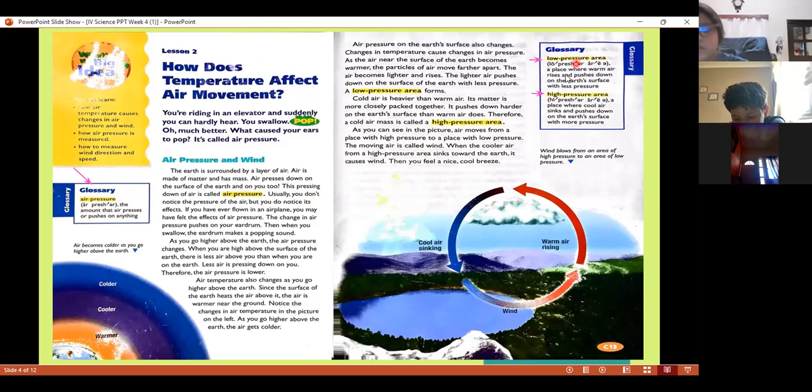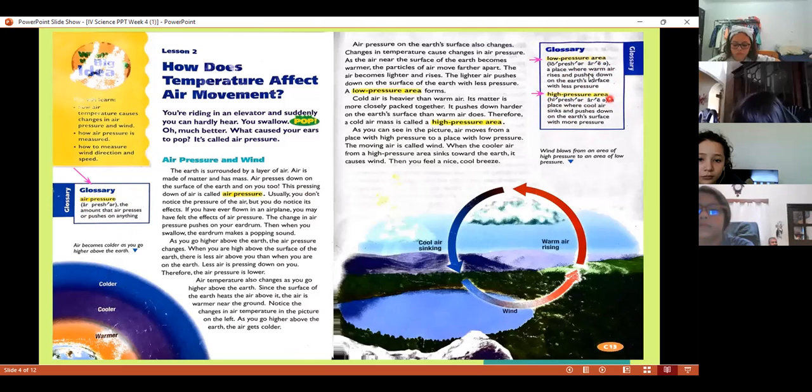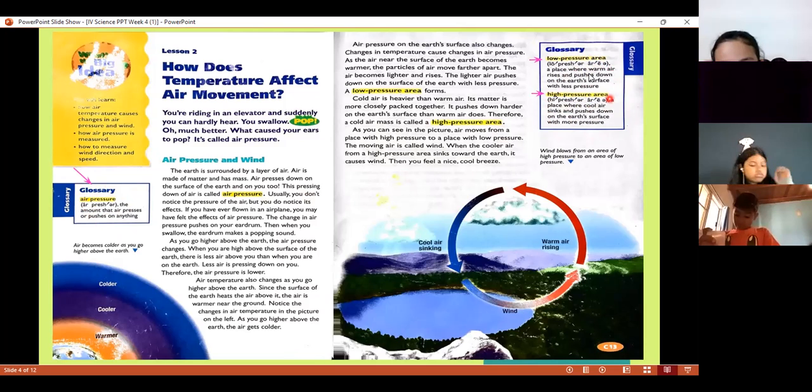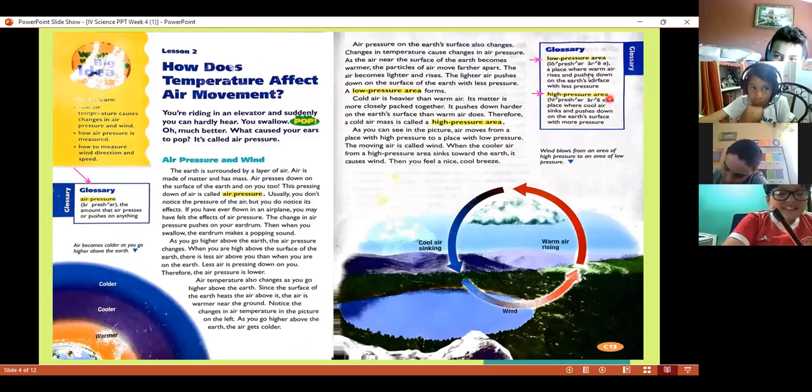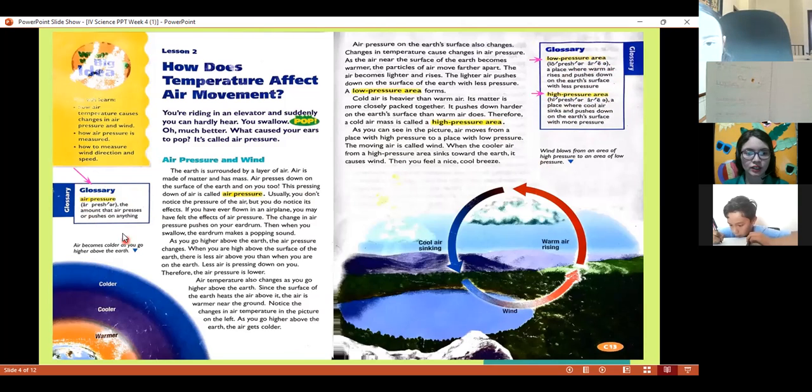You don't have to copy more. Just a glossary, and it's on the side. We have to copy the two glossaries. Yes, glossary number 1, that is air pressure, and glossary number 2, that is these two definitions.